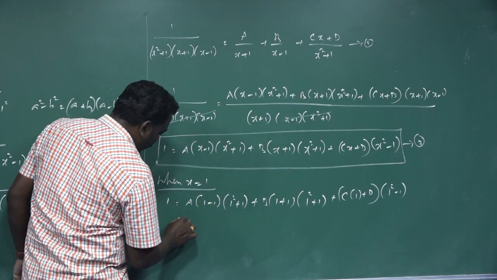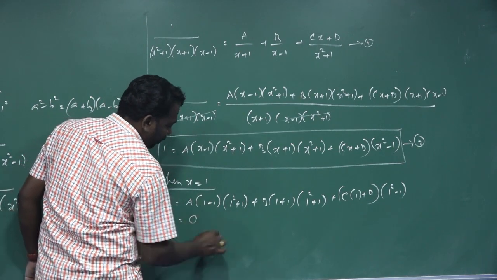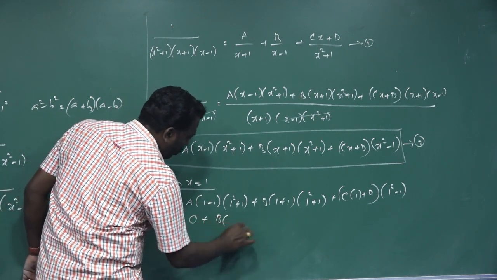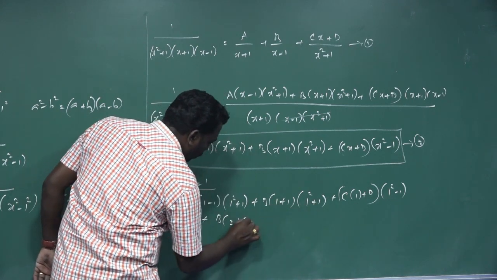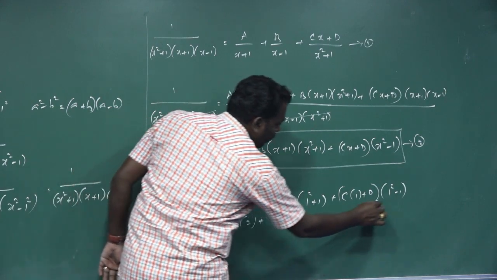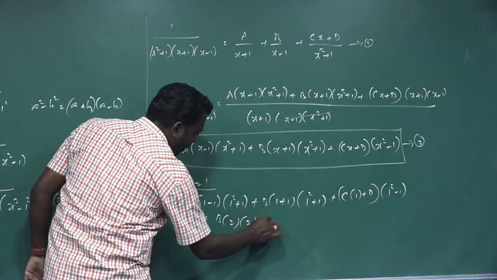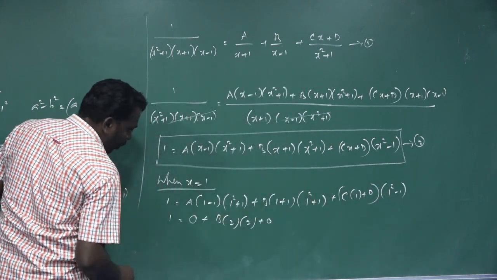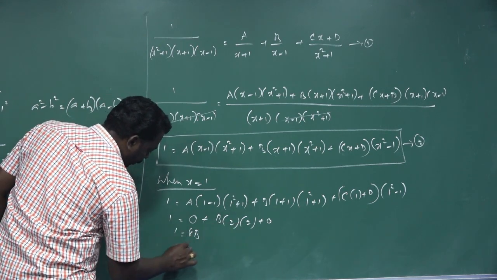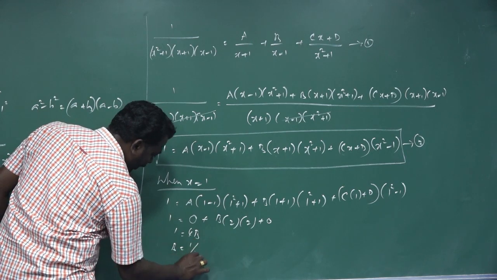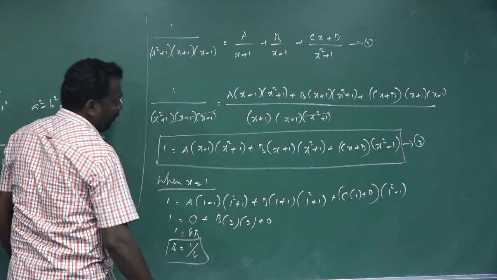Therefore 1 minus 1 equals 0, so the first term is 0, plus b into (1 + 1) which is 2, then 1² is 1, 1 + 1 equals 2, so 4b; plus the third term, 1 minus 1 equals 0, so it is 0, and that is equal to 1. Now 4b equals 1, therefore b equals 1 by 4.